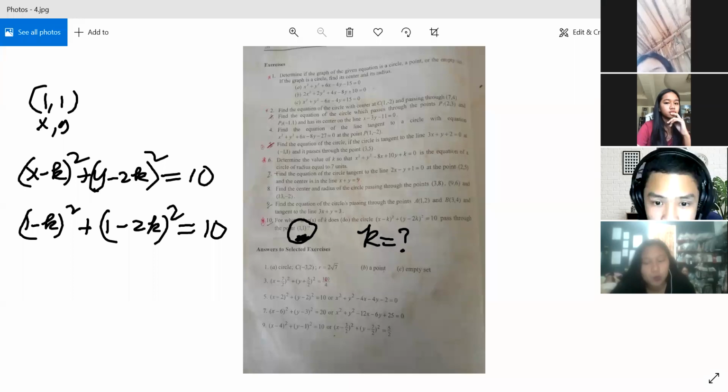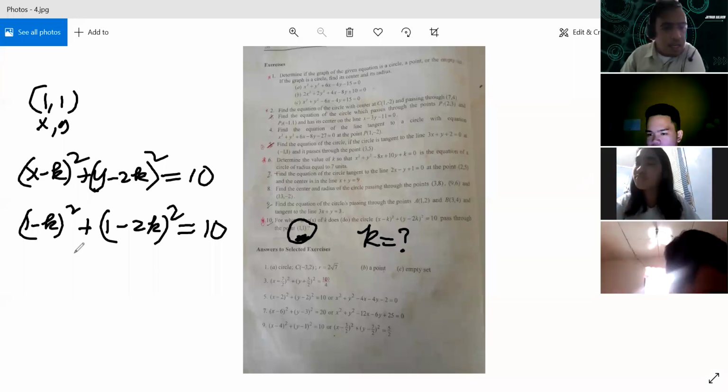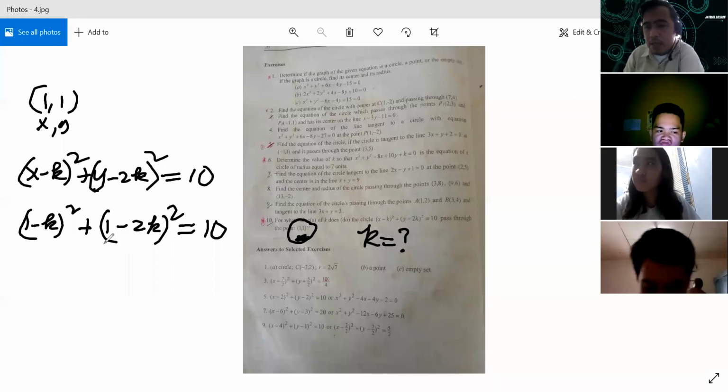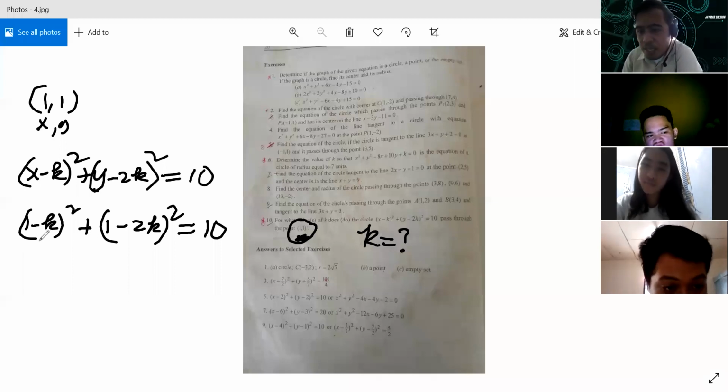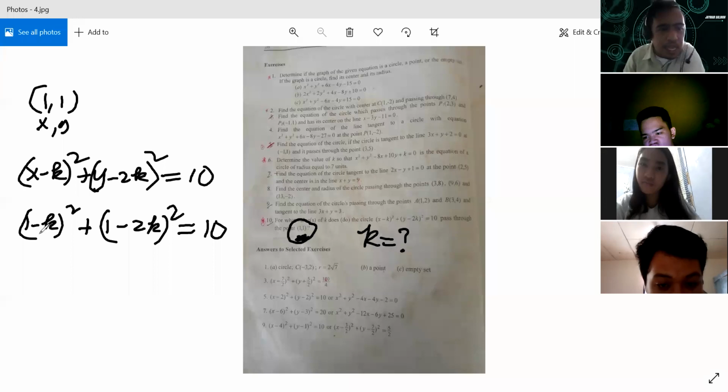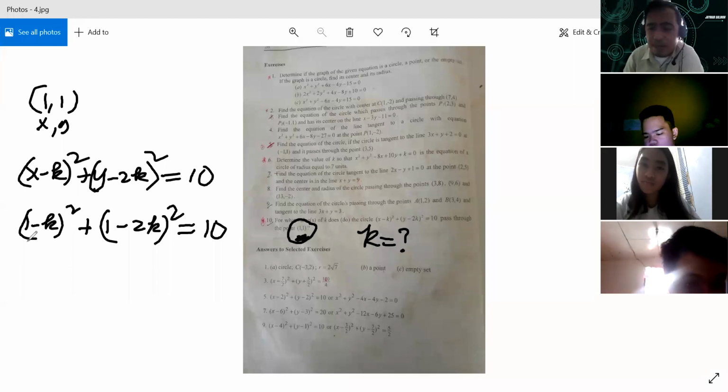Okay. So here, if you will simplify this one, what's the answer if you simplify this term?